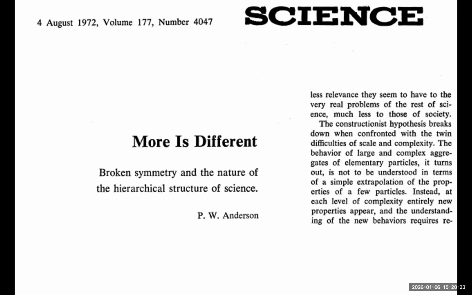This field reached a watershed point in about 1972 with a paper by Phil Anderson. Phil Anderson was a solid-state physicist. He won the Nobel Prize for his work on disordered materials. He probably could have won several more, or at least one. He also invented the Higgs boson, which you may not have known.